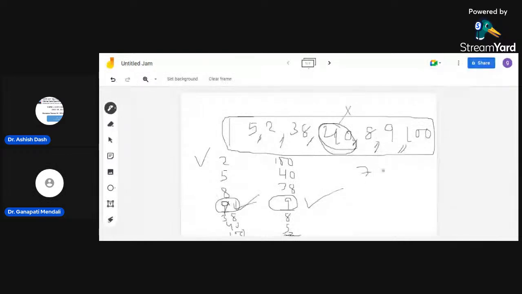It is (N plus 1) by 2, so 8 by 2, that is the fourth position. The item at the fourth position, that is 9, is our median. If we have an even number of observations, say 8, then it is N by 2.